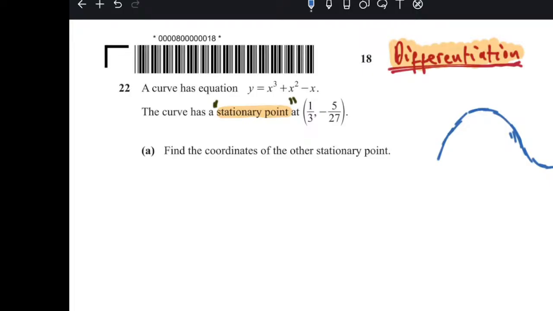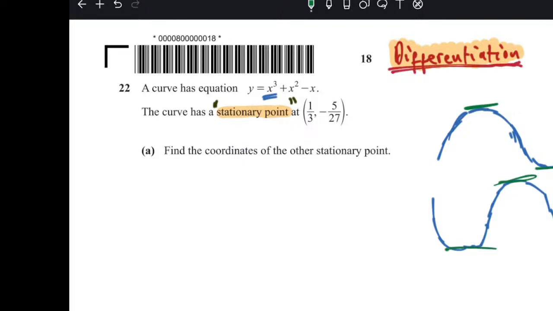It can curve once, it can curve twice. This one here curves twice because it's an x cubed. So either it curves like this, or it goes down, then it goes up, then it comes like that. But it curves twice. Are we together? First curve, second curve.